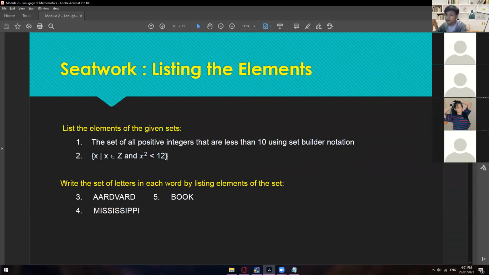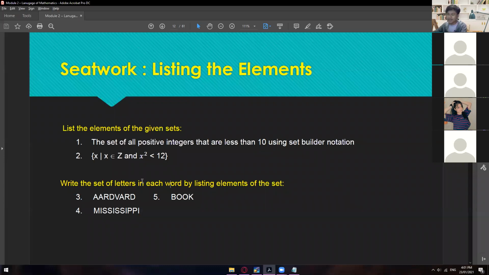For the second one, write the set of letters in each word by listing the elements of the set. We have here 3, 4, and 5. Again, in a set, the values or elements are unordered and distinct or unique.